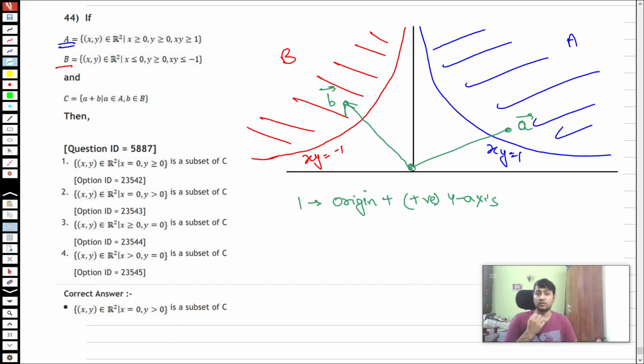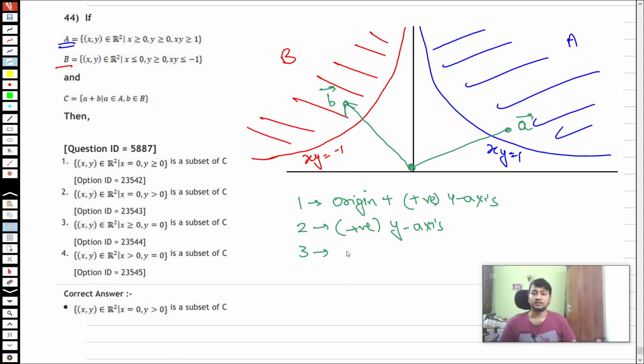Okay, so the origin, is it included or not? So that becomes a question. Let's look at all the options. Option 2 is x equals 0, y positive. So this is just the positive y axis. Okay, so the difference between 1 and 2 is basically the origin.